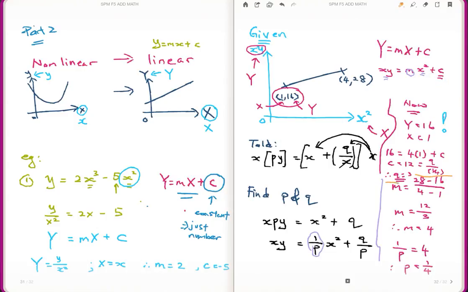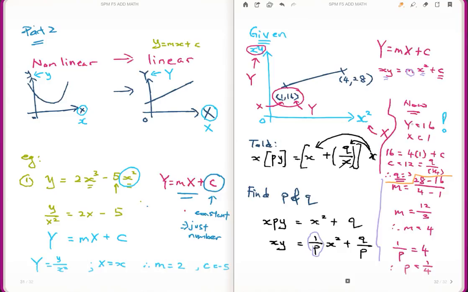You might take some time to have a look at it. Don't confuse yourself. I wish I could do more on this, but the important part would be here. Most of the time my students get confused with this capital X and capital Y. They confuse capital X and Y with small x and small y.